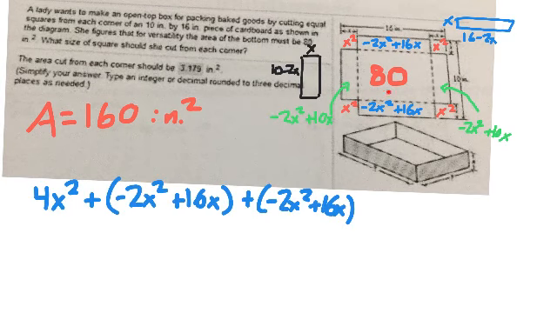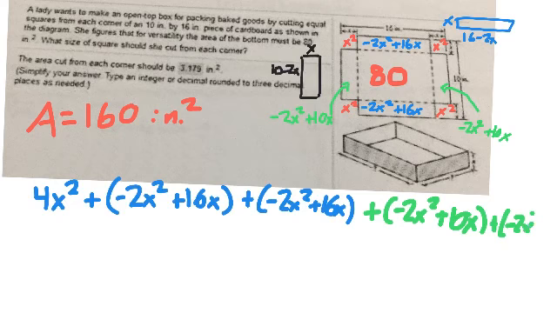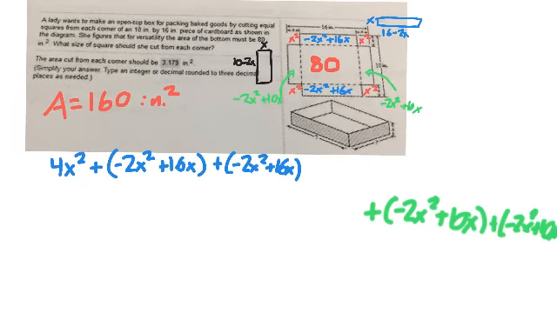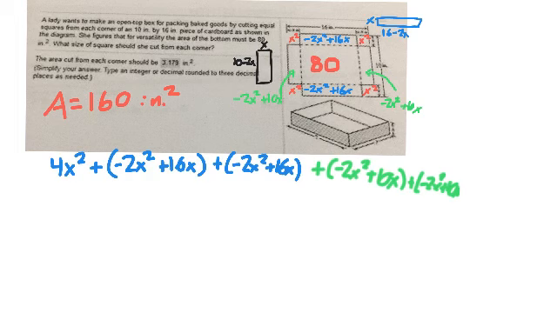So that's these pieces. Now I've got these pieces, the green ones to deal with. So that would be plus negative 2x squared plus 10x. And then again, negative 2x squared plus 10x.